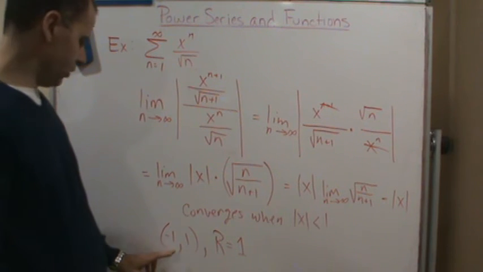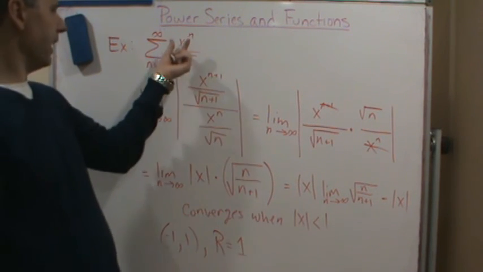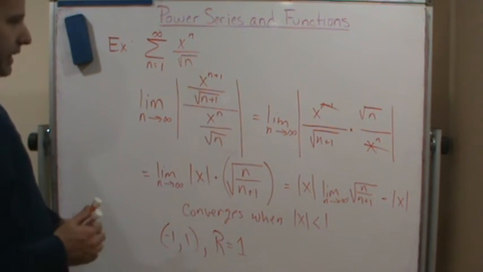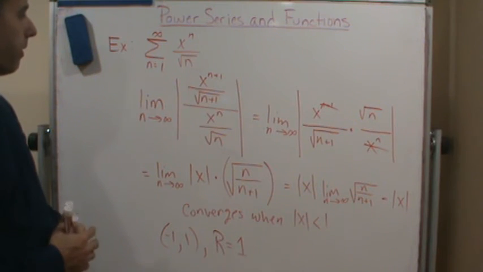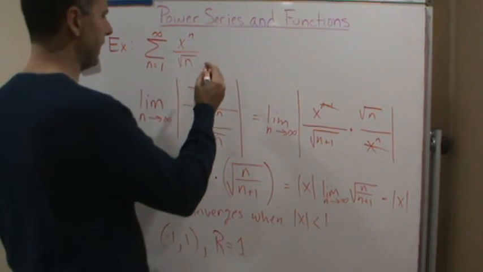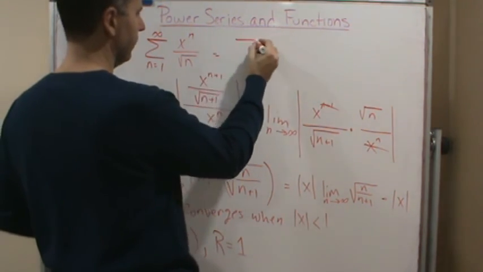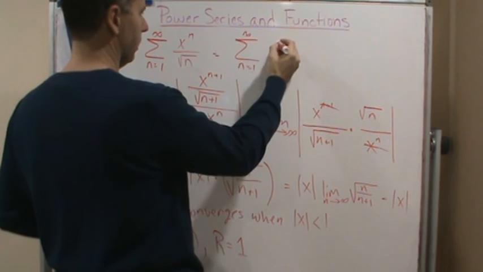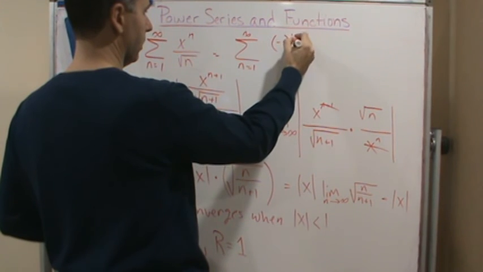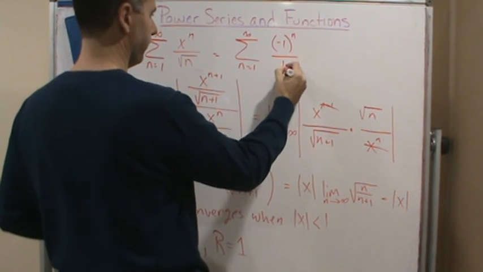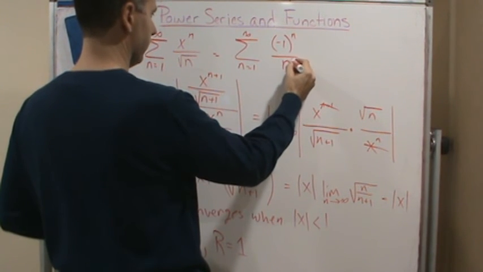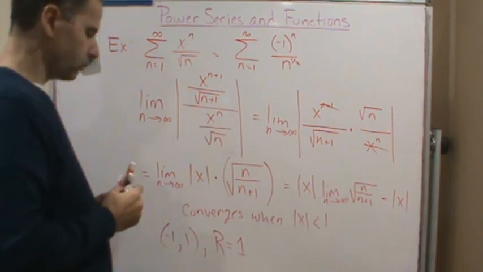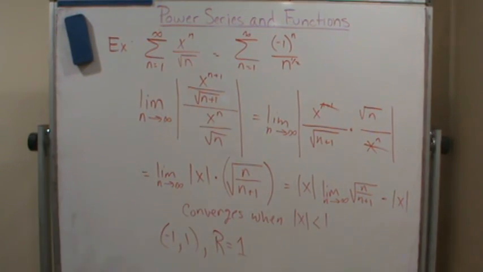What if x is equal to negative 1? Well, if x is negative 1, you get an alternating series.